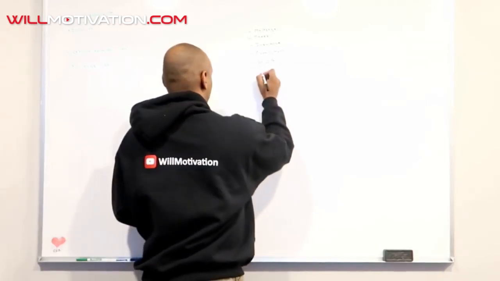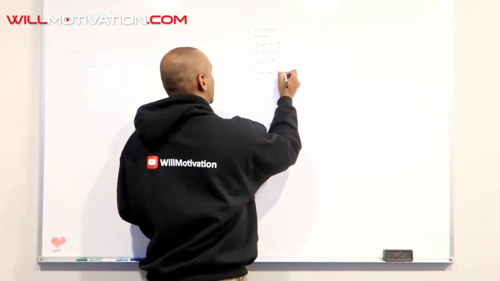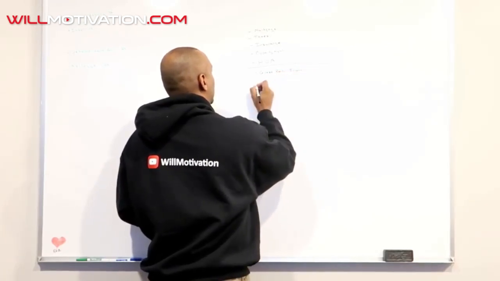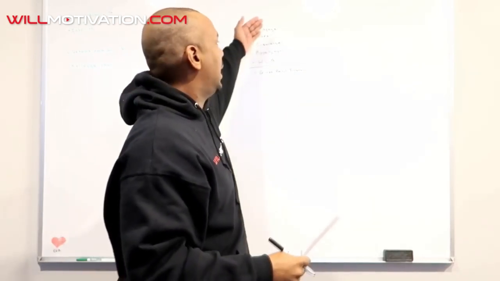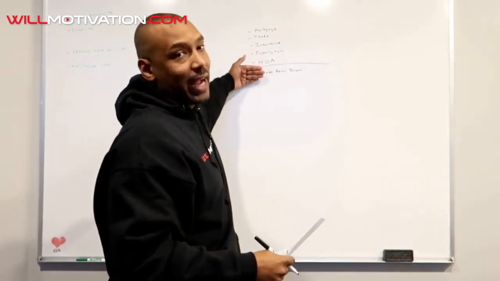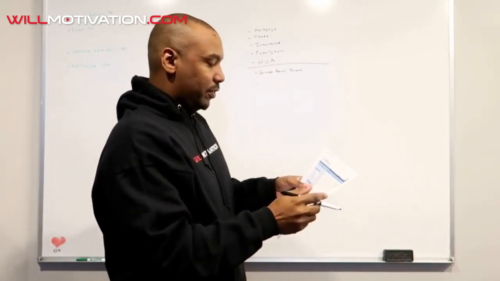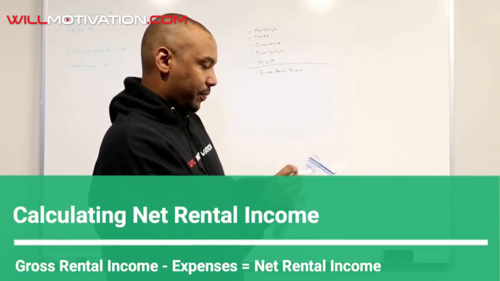Then you add up all of these expenses and subtract them from your gross rental income. Let me give you guys an example of a property that I have, $12.95.